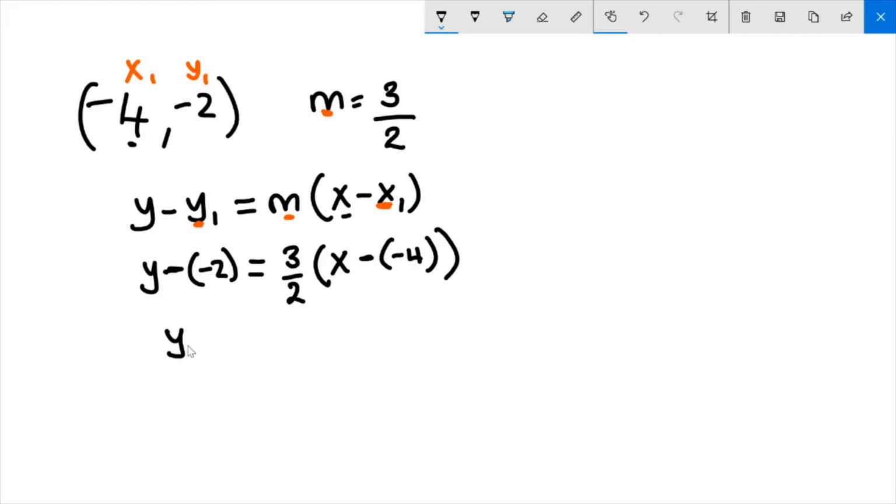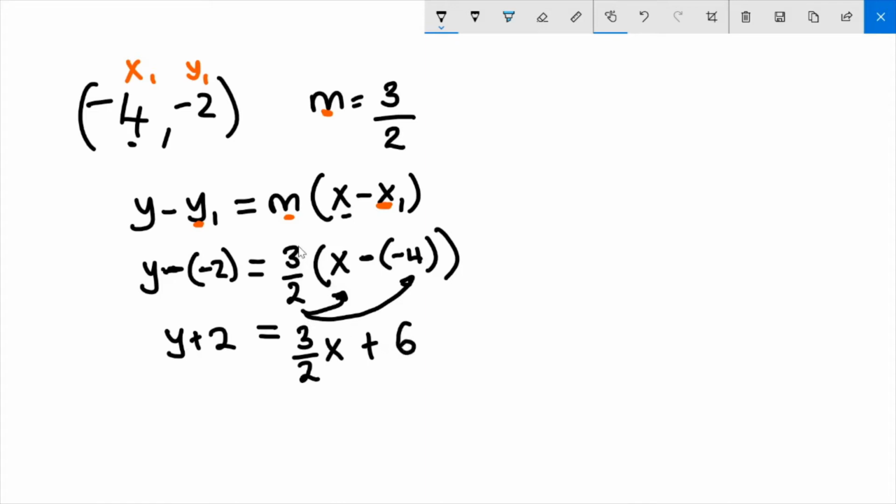So y plus 2, because two negatives make a positive, equals, distribute here, this and that. And this will be a positive, remember. So it will be 3 over 2 x plus 3 times that, which will be 6.